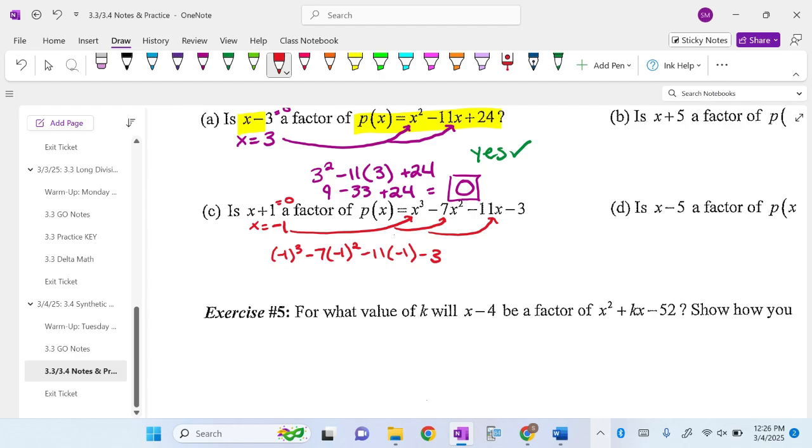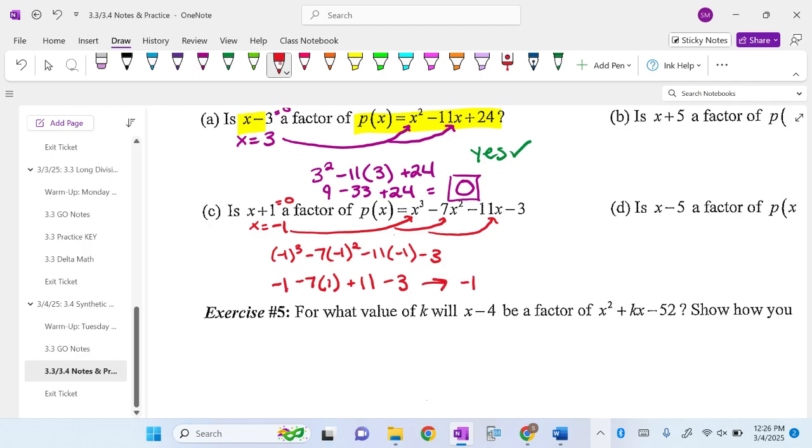What's negative 1 cubed? If I multiply negative 1 by itself 3 times, what do I get? What's negative 1 times negative 1? Positive 1. Times negative 1 is negative 1. That's what negative 1 cubed is. So negative 1 minus 7 times positive 1 plus 11 minus 3.